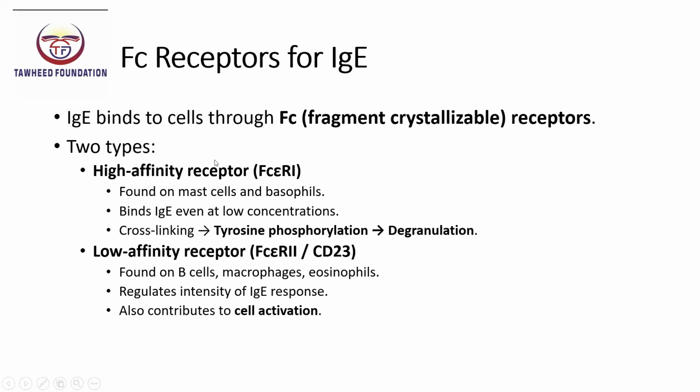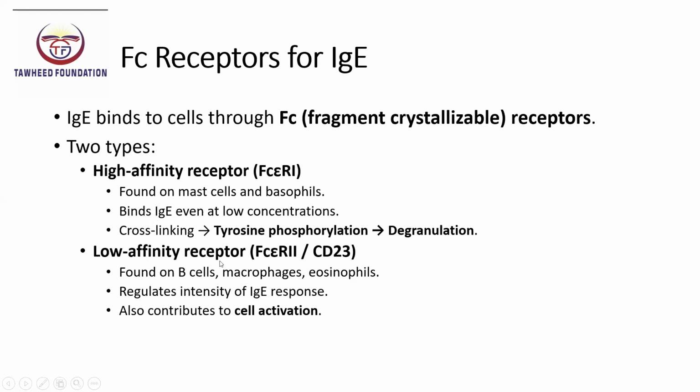High affinity receptors are found on mast cells and basophils. They bind IgE very strongly, even at low concentrations. When allergens cross-link IgE bound to these high affinity receptors, it triggers tyrosine phosphorylation and degranulation.